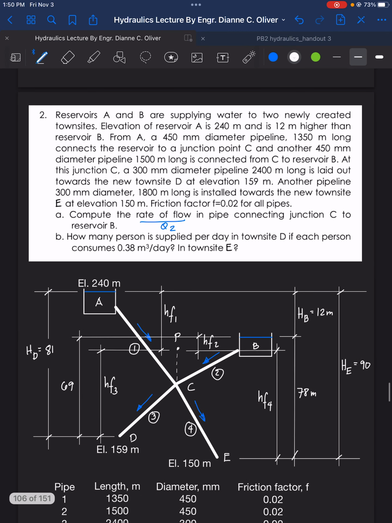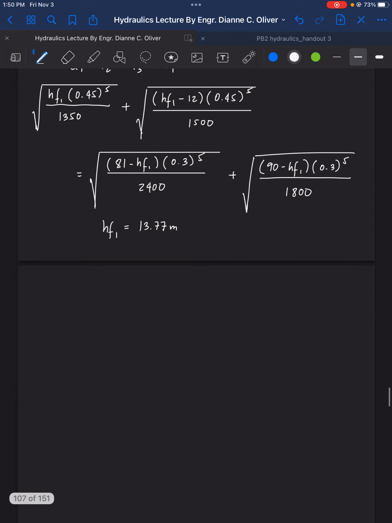For letter A, compute for Q2. So for Q2, we have this one here. So, and then we will input the 0.0826 and 0.02.